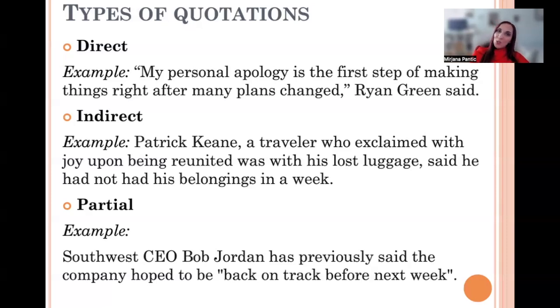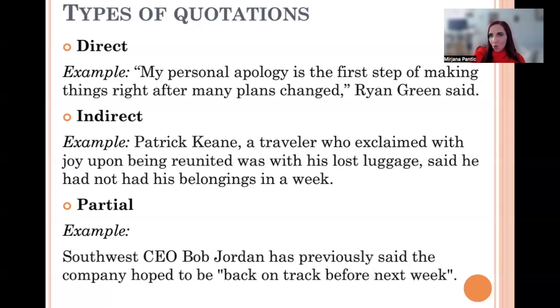What if you were to change it? I'm 100% sure that many of you would remove this word personal from the quotation. And it makes perfect sense, because why would you say my personal apology? My apology. We talked so many times about redundant words, and this is a great example of how that person used redundant words, but it's just one word.